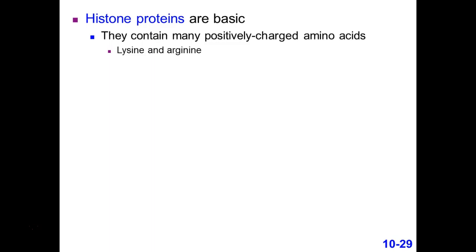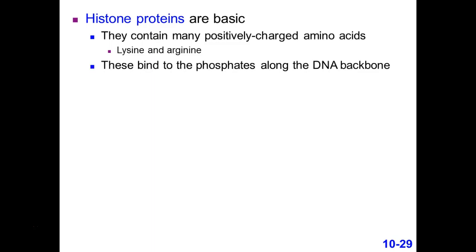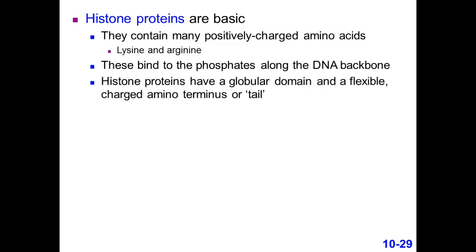I don't expect you to memorize this, but lysine and arginine are two amino acids that are positively charged. They're basic amino acids, so there's a lot of them in the histone proteins. And the phosphates, as I said, are negatively charged, and so that's why they'll bind with each other.